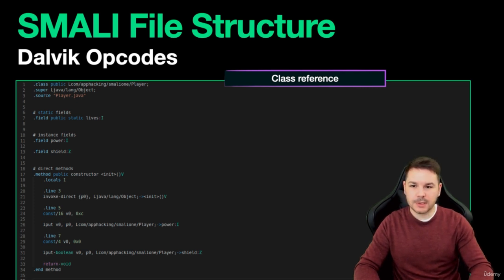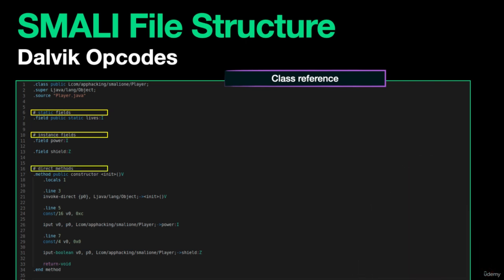Next we've got our .source, and this one is Player.java, but I guess all is said about this one. Alright, then we've got this hashtag at the beginning of the line, and this is some kind of separation. Okay, I guess I need to be a little bit more exact on this one. The hashtag simply means a comment, and therefore the text behind this hashtag is ignored. This is not an instruction, this is simply text.